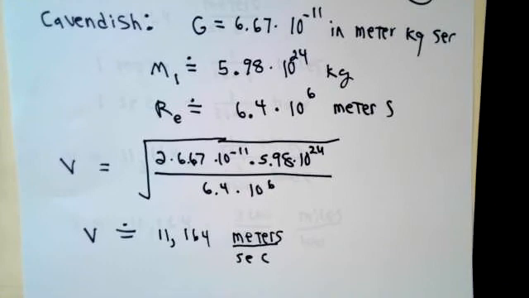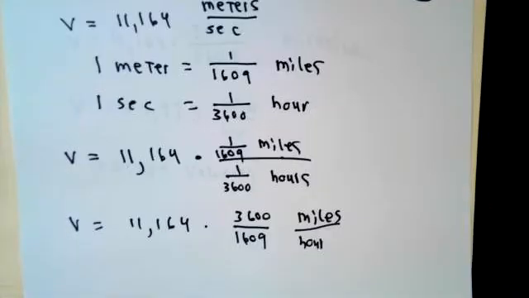So if I take all of these numbers and stick them into this formula I got and do the arithmetic on my calculator, it turns out that this critical velocity is about 11,000 meters per second. There are 1,609 meters in a mile, so 1 meter is 1/1609 of a mile.